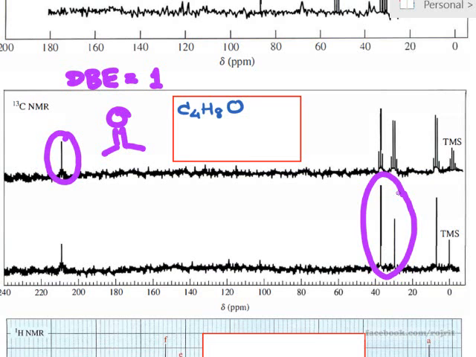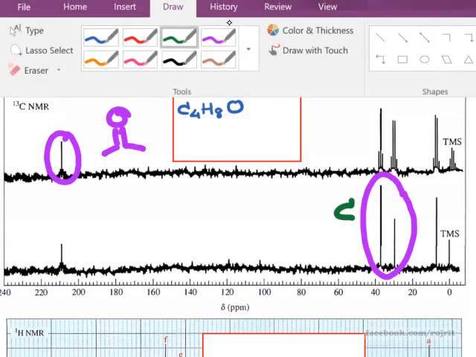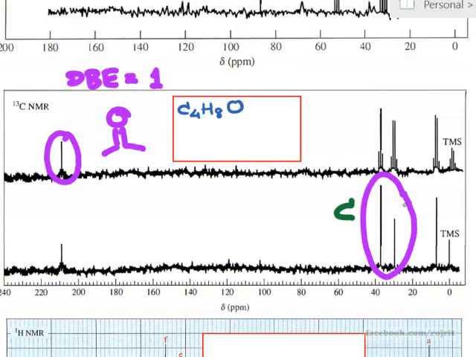So that means these two carbons are connecting with the carbonyl group, right? So we have C in green, we have C in maybe blue, right? So now we have the blue carbon connecting with the carbonyl group, and then connecting with the green carbon.